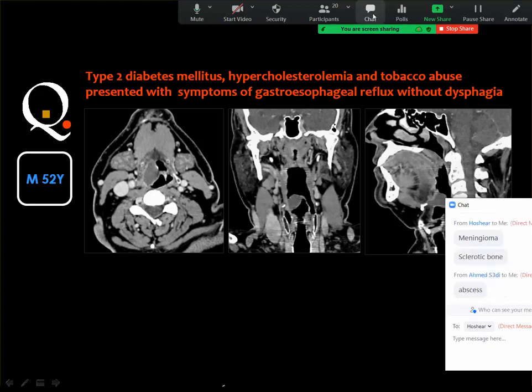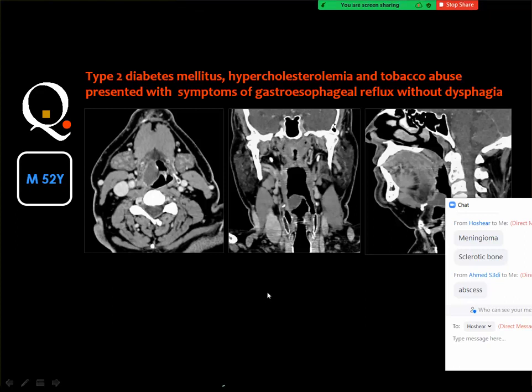And abscess is a very difficult diagnosis, that the patient has an abscess in his larynx. Another possibility... Peripherally enhanced? No, this is not a peripherally enhanced lesion. Polyp? No, it is a cystic lesion.